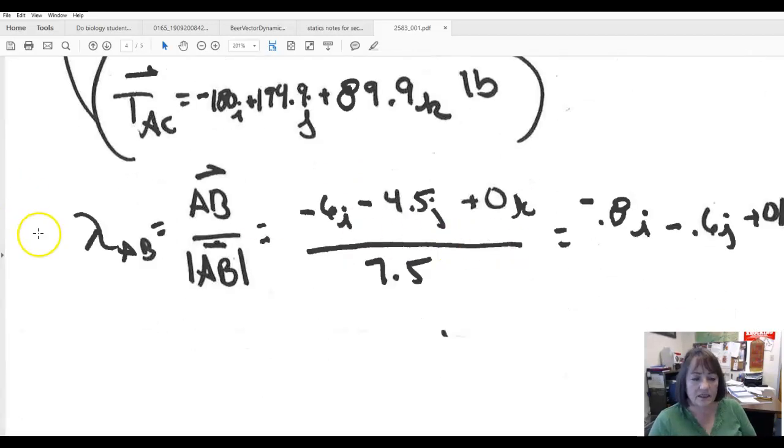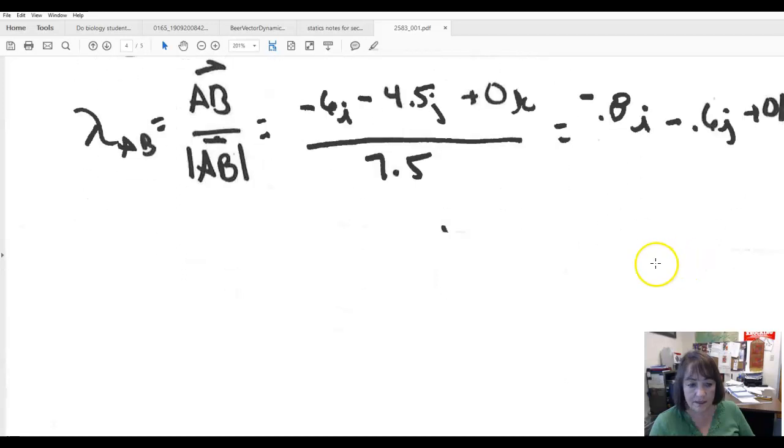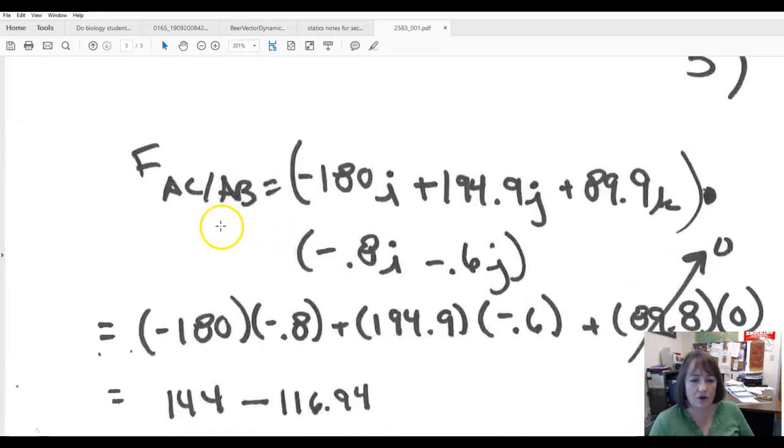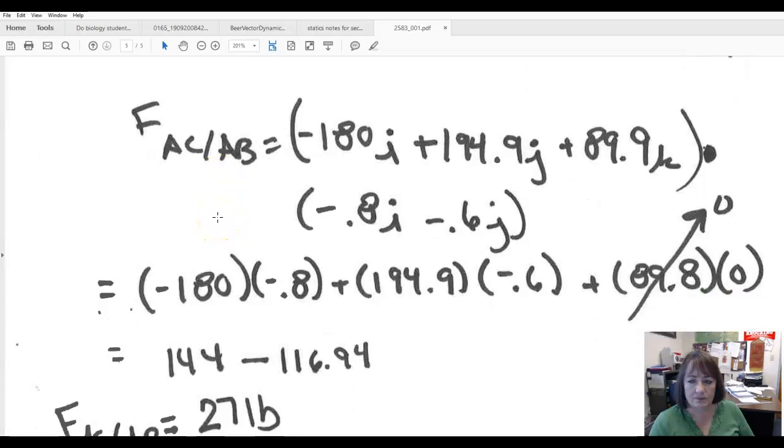All right, the next thing we need is lambda along AB, or in other words, the unit vector along the boom. So we take the vector AB, which is the boom geometry, divide it by the length of the boom, and come up with the directional cosines, or the components of the unit vector along AB. All right, so after we do that, we take those two values. This is the force AC.